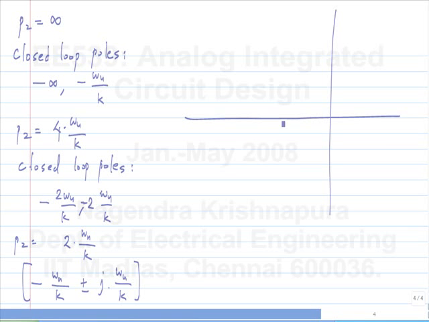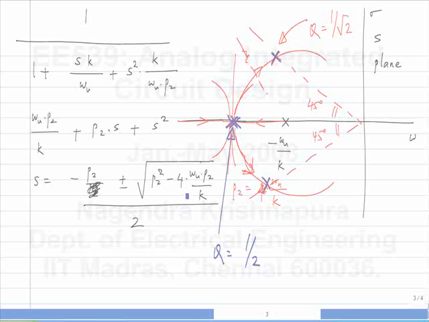So you start with one of the poles at minus omega u by k, and then it moves out, the other one moves in, and you will end up with two poles at minus 2 omega u by k. And if you look at the real and imaginary parts here, it describes a circle of radius omega u by k.